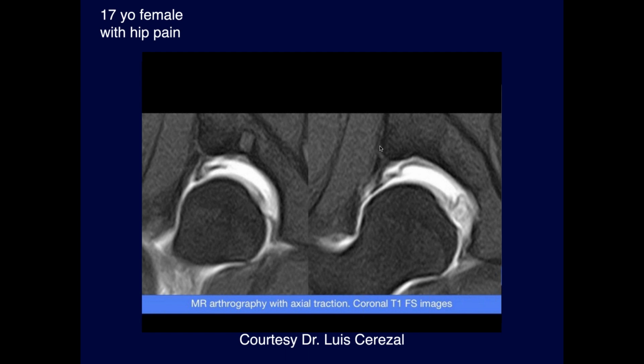I think this could be seen with FAI and labral tearing and chondral loss. It's the same patient. Okay. I would want to look at the T1s and just see if any of that is ossified. What's the difference between this image and the previous image?